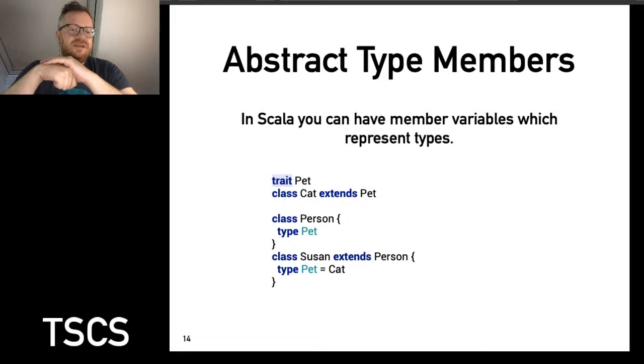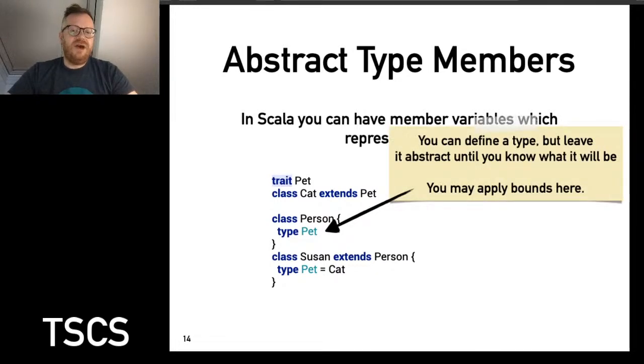has the nice thing that when we extend person, in this case with this class Susan, we can set pet to cat. And then we limited the type parameter much lower than we had before. Before it was open, and now we limited it. Like for Susan, this type means cat.